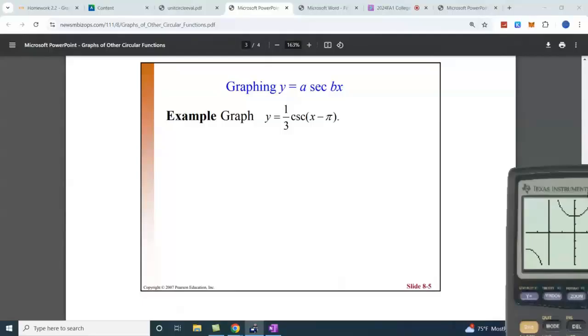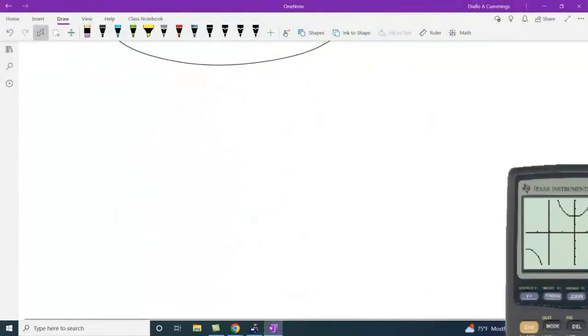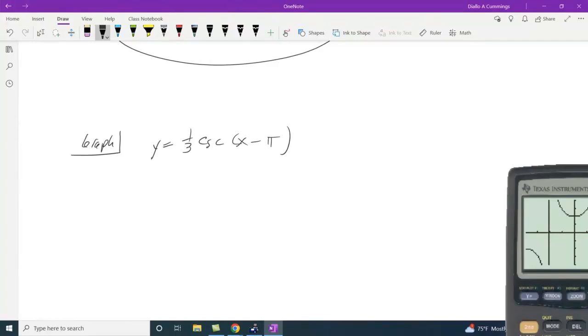We're asked to graph 1/3 cosecant x minus pi. So just as we did in the previous example, I'm going to rewrite cosecant as 1 divided by the sine.